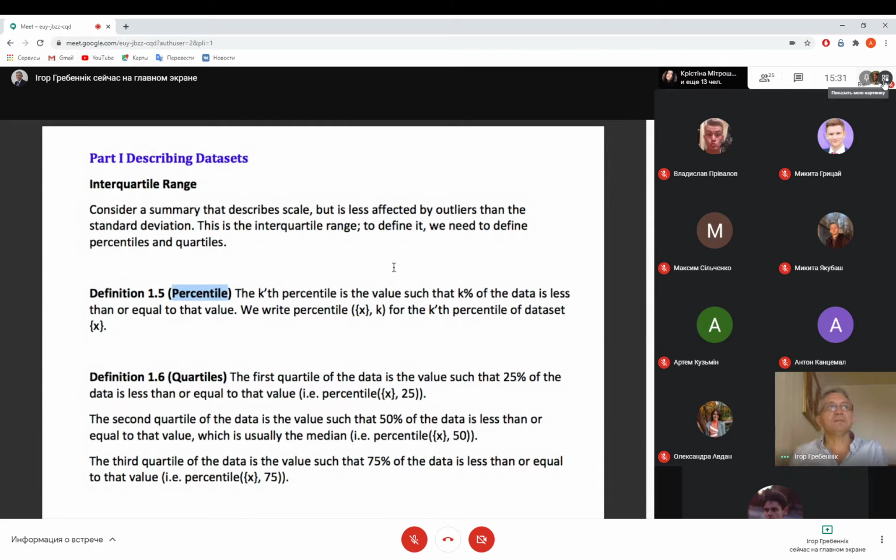And for example, we would like to analyze how many students from your group have grades less than or equal to 90.